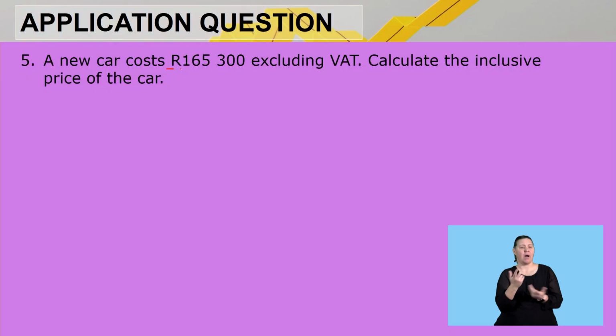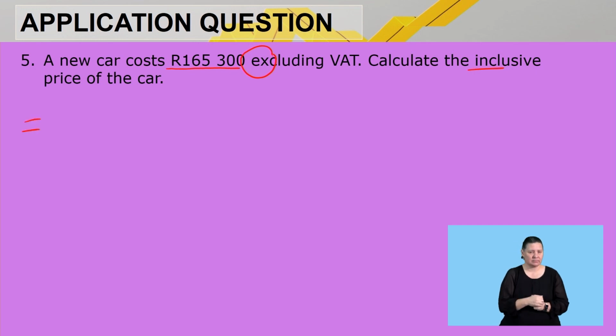Right, then number 5. A new car costs 165,300 excluding VAT. Calculate the inclusive amount of the price. So we need to calculate the total amount that will actually be paid.